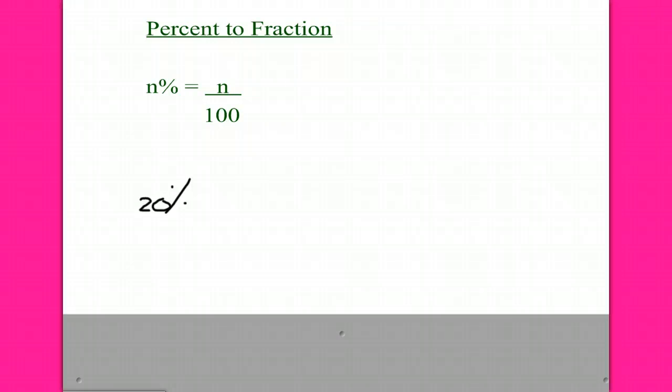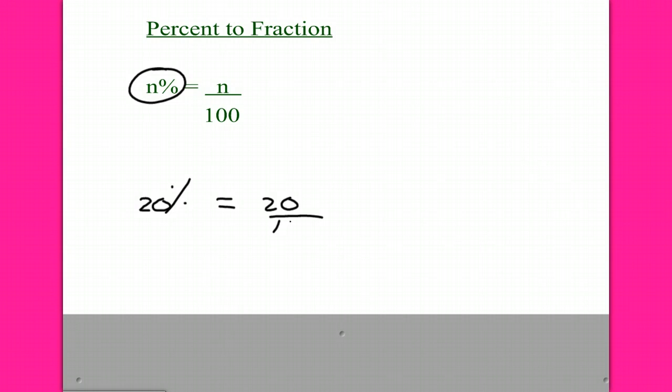So 20% could be changed to a fraction. Lauren, by doing what? Making it a decimal. Well, you could make it a decimal and then change it to a fraction, but we just said that you could take any percent number and then just place it over 100, right? So what would that look like here? 20 over 100.